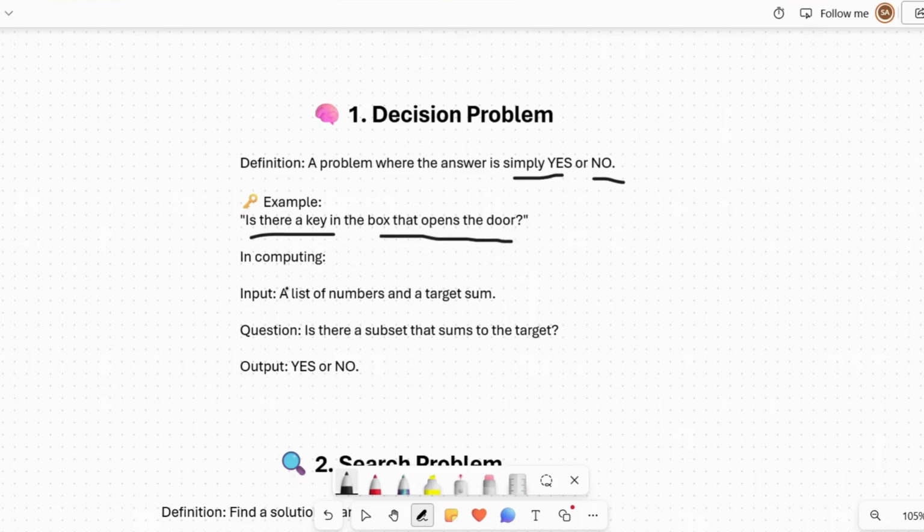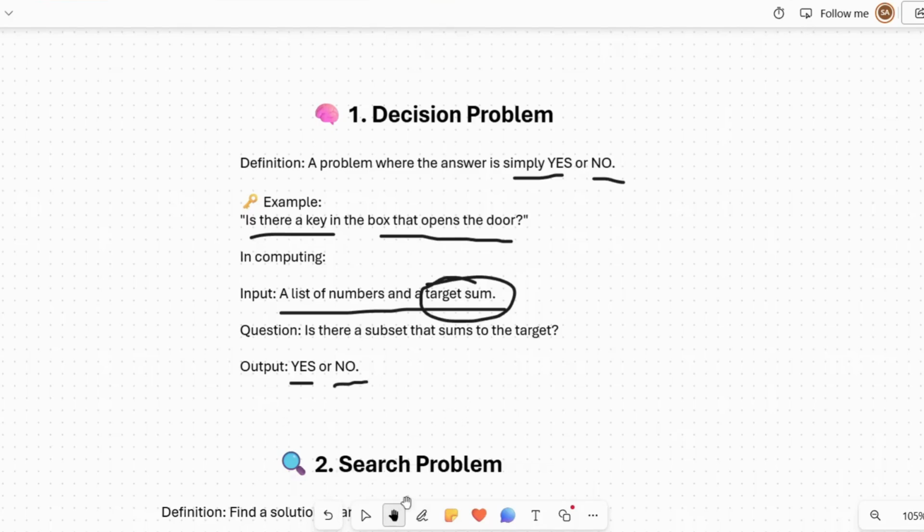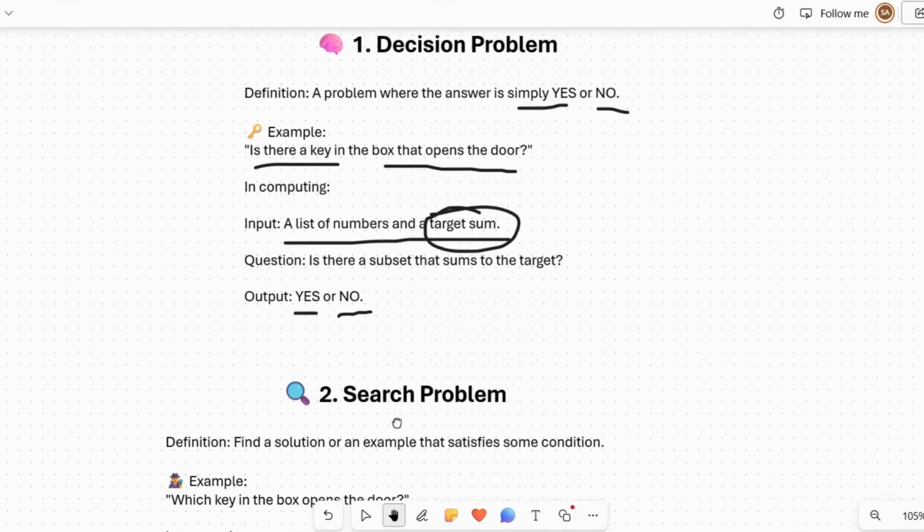The person obviously replies yes or no. So that's a decision problem, with only two outcomes. Another example: the input is a list of numbers and a target sum. Is there a subset that sums to the target? If there is, the answer is yes, otherwise no. So this decision problem is very easy and basic. I hope you understand this one.